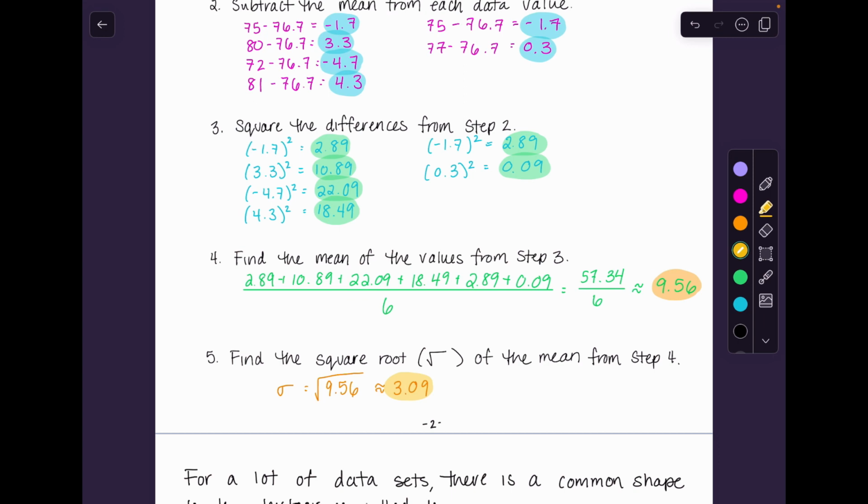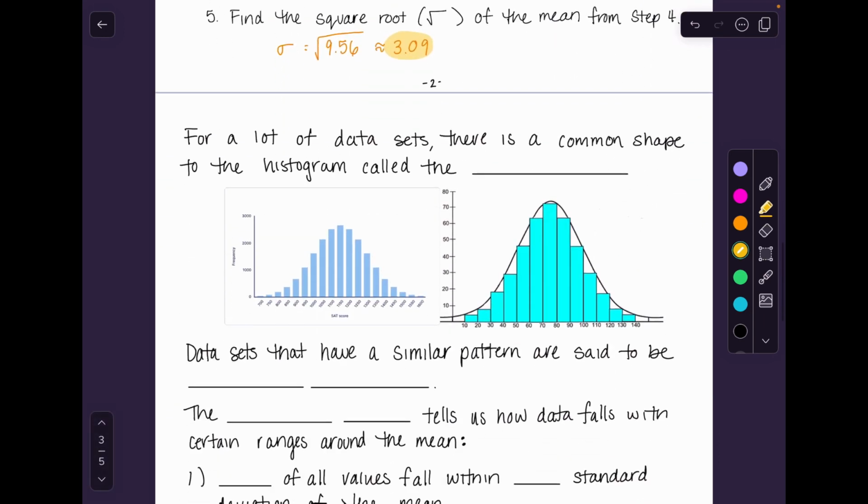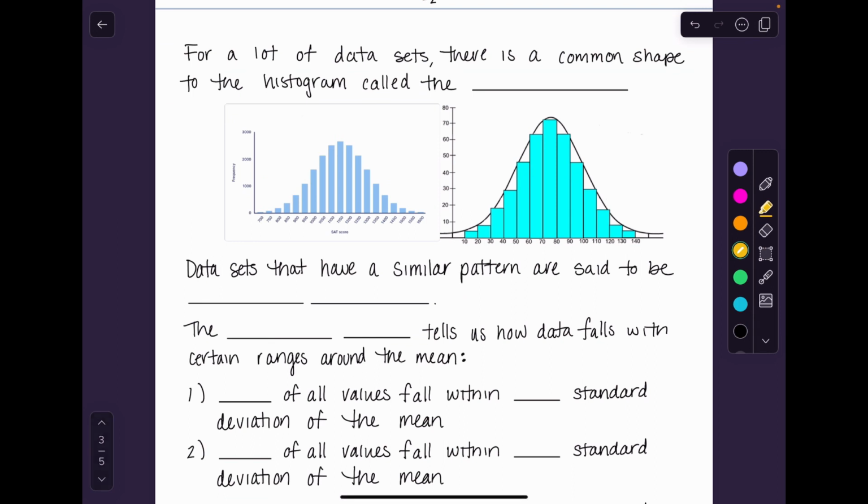Okay? So what's going to happen a lot of times is you're going to hear another word that's often associated with this. One thing that appears really frequently when you have any kind of data set is that when you go to plot the histogram, you're going to see a really common shape. If you look at these 2 pictures, this is SAT scores.